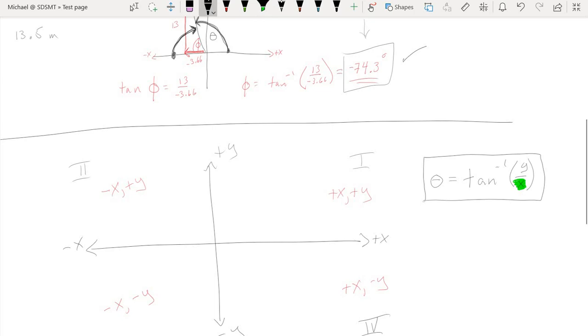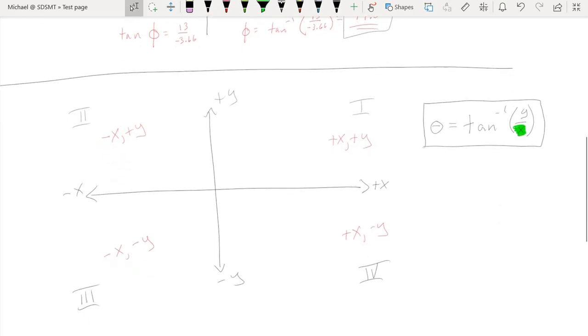Well, that's only true if the value that you insert is positive. If you insert a negative x component into this expression, then you will need to measure from the negative x-axis.